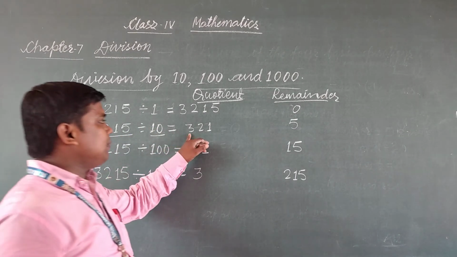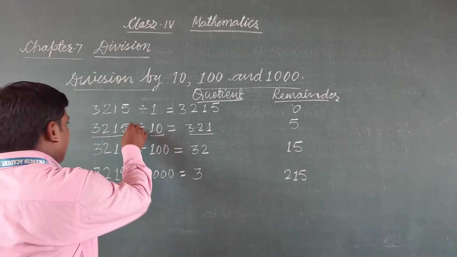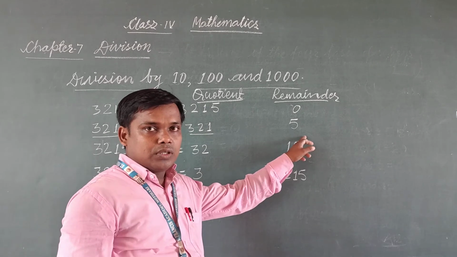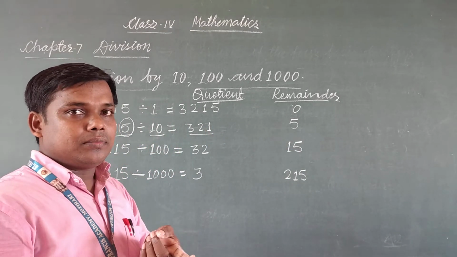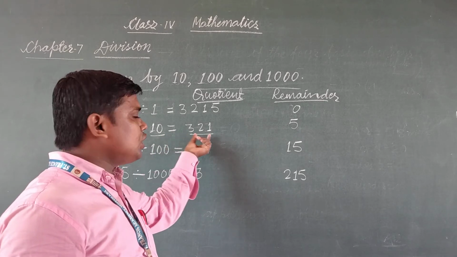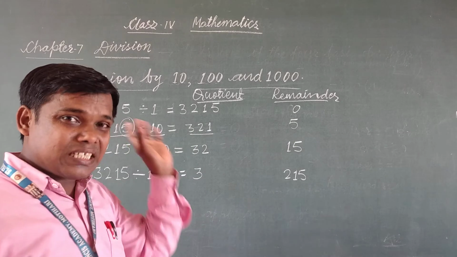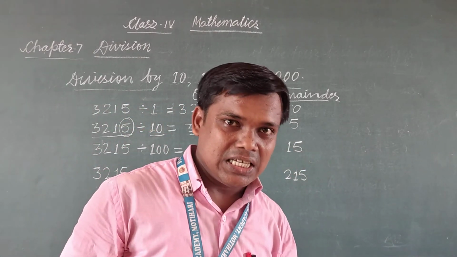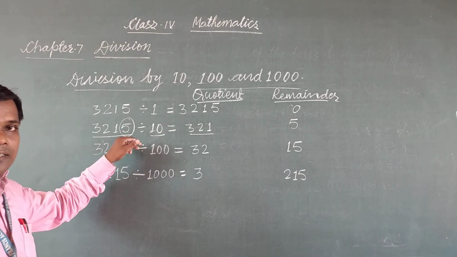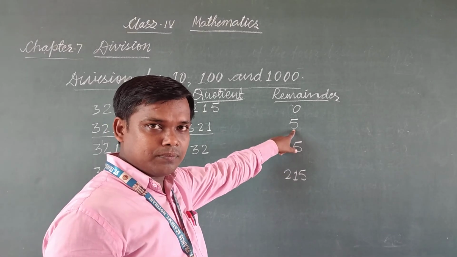Our quotient is 321. 5 is the one's digit, it is our remainder. So when we divide any number by 10, our quotient will be the number leaving out the one's digit, and the one's digit will become the remainder.